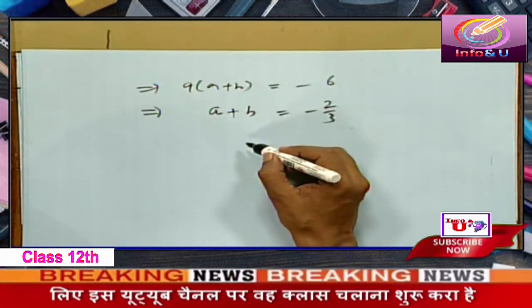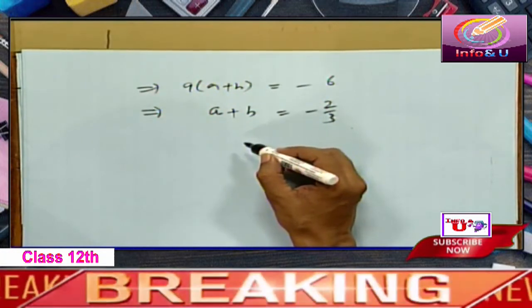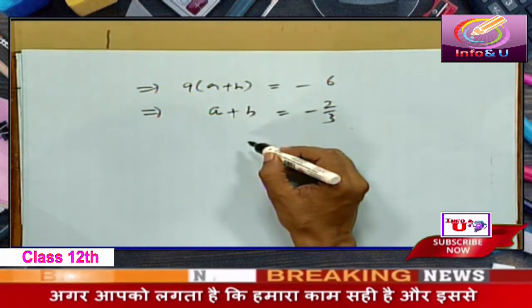But both a and b belong to R plus, so both are positive, so a plus b cannot be negative. Now this is a consequence of the assumption that a is not equal to b, and since it is absurd, we have to withdraw our assumption, namely a is not equal to b.